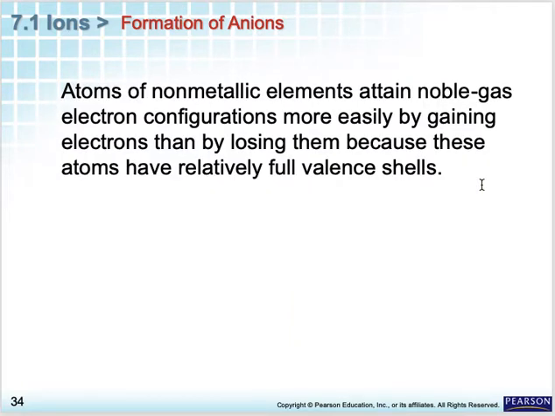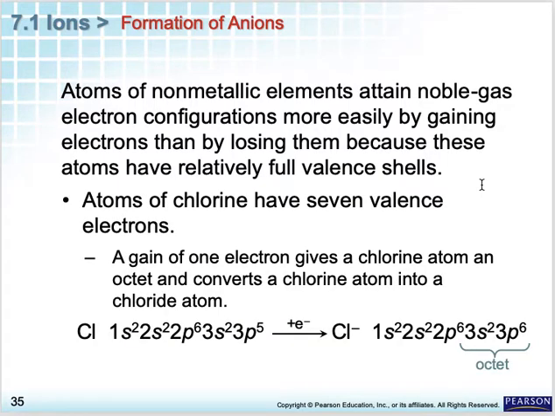Atoms of nonmetal elements obtain a noble gas configuration by gaining electrons rather than losing them, and they end up having a full valence electron shell. So here's chlorine on the left. It has 5 p electrons.